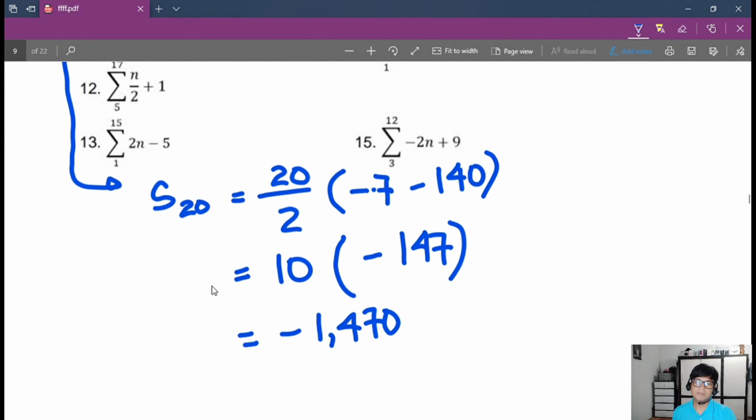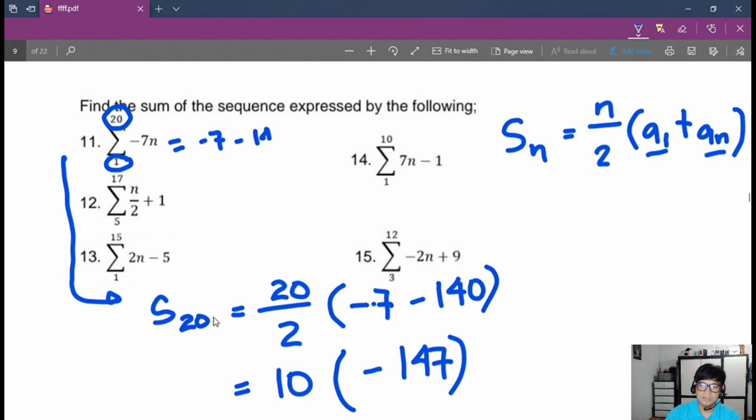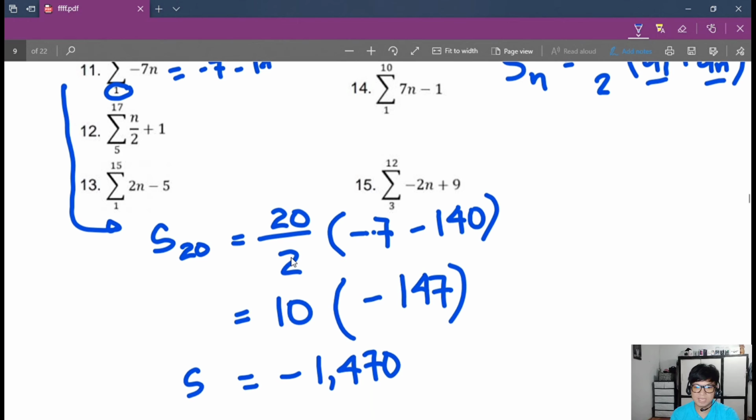The sum of the first 20 terms of the sigma notation negative 7n, where n is from 1 to 20, is negative 1,470. So, ito yung sagot. S sub 20.